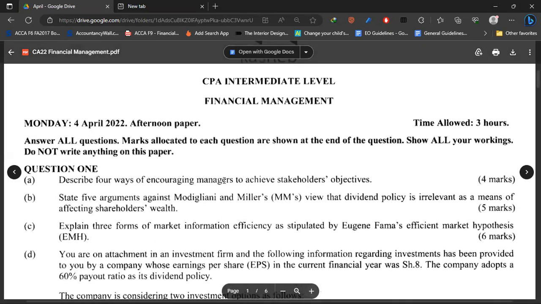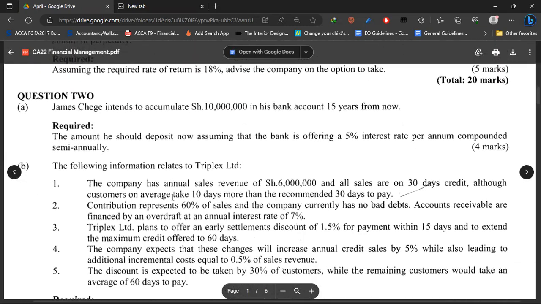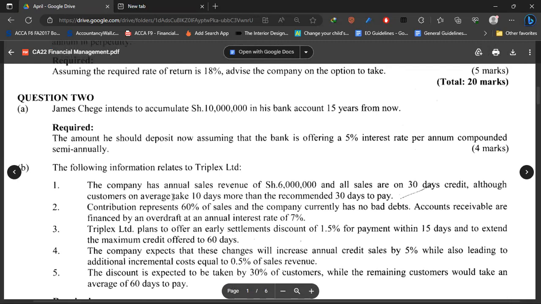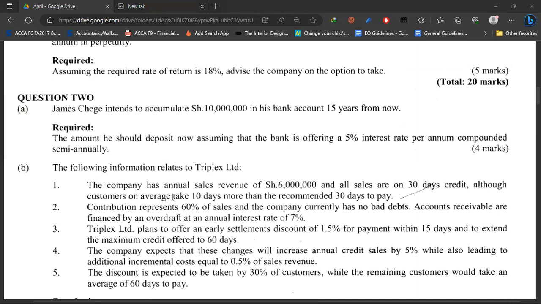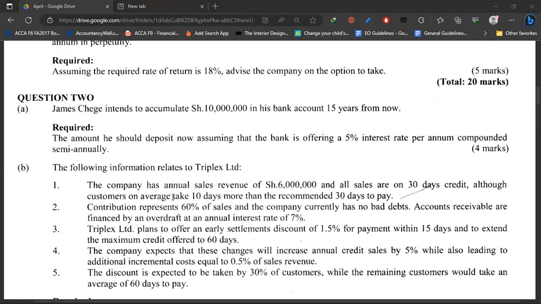It should be question number 2A. Rahma, can you read for us, please? Question 2A. James Chege intends to accumulate 10 million shillings in his bank account 15 years from now. Required: the amount he should deposit now, assuming the bank is offering a 5% interest rate per annum compounded semi-annually.